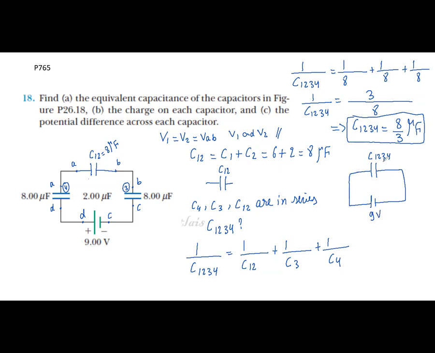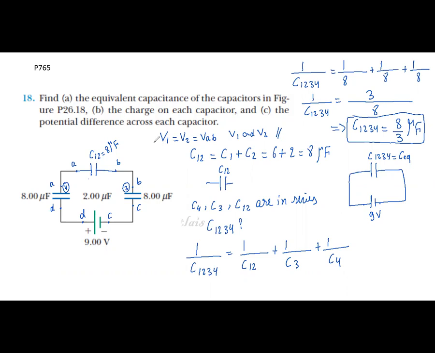C1234 is equal to C equivalent, which is 8 divided by 3 microfarad.